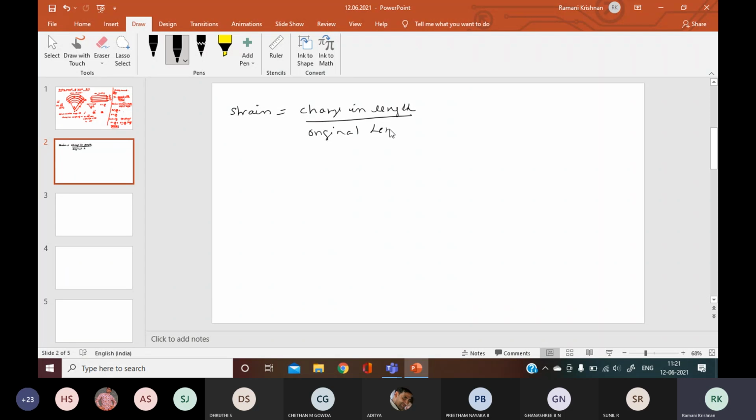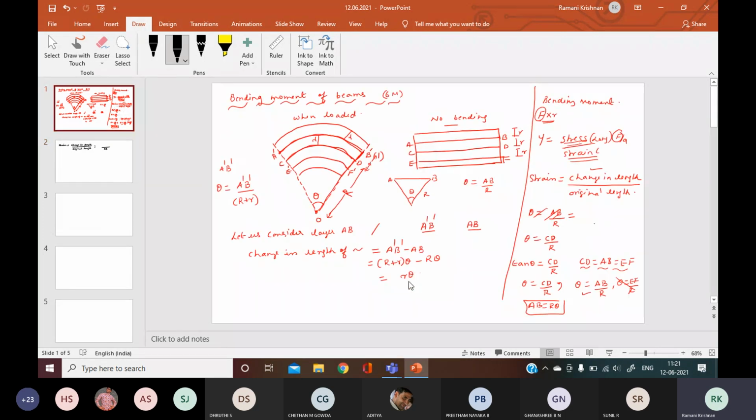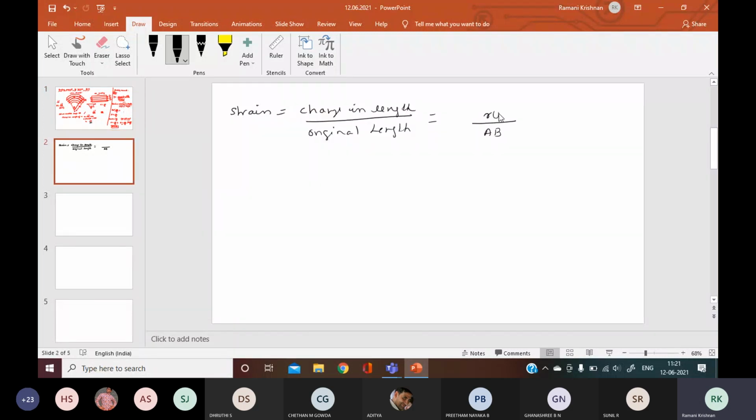And we are talking about which layer? We are talking about the layer AB. So original length is AB, and now what was the change in length we got? Change in length we got as R theta, no? So R theta by R theta. Correct? So we get R by R.